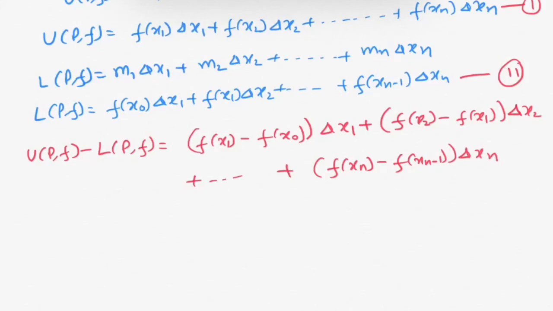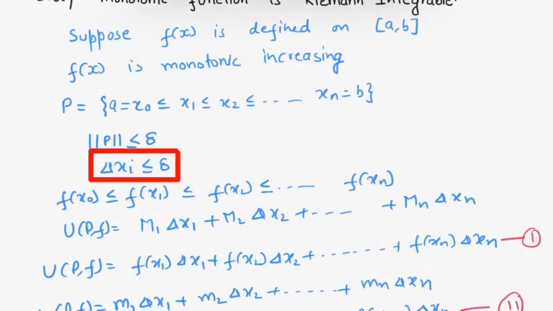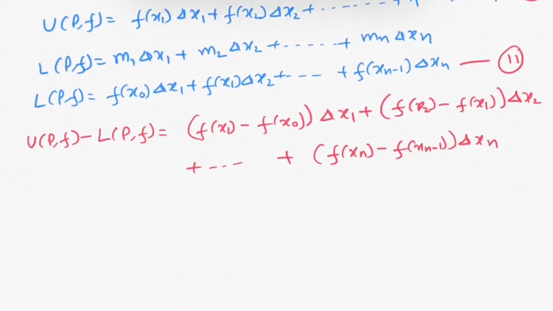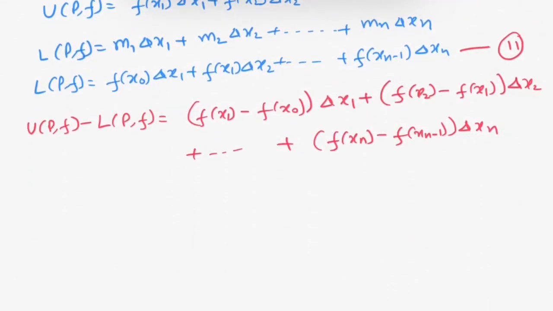Okay, since the norm of the partition is less than delta, delta xi will be less than delta. So replacing all the delta xi with delta, when you replace delta xi with delta, the RHS will be greater.